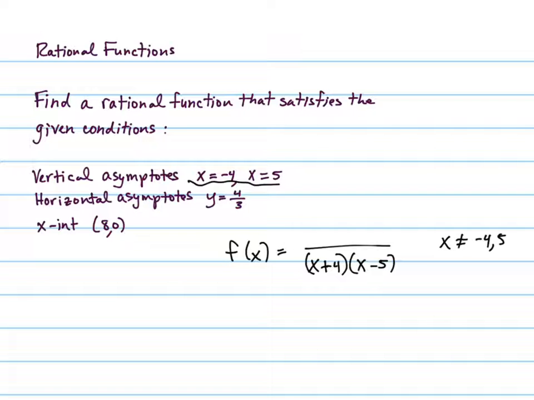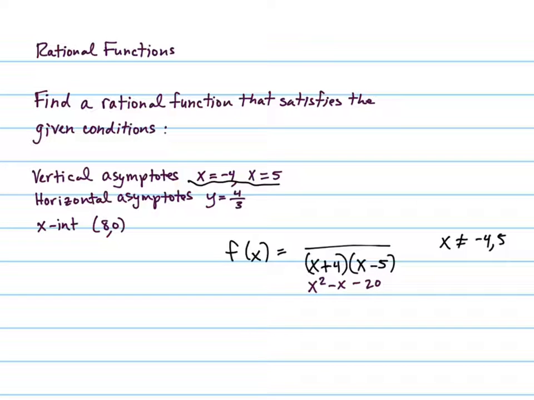If the degree of the numerator is greater, we know we have no horizontal asymptotes. And so this would be the case that I called the balanced case, where the degree of the numerator and denominator are the same. So now maybe I should go ahead and write the denominator here. It would be x squared minus x minus 20.